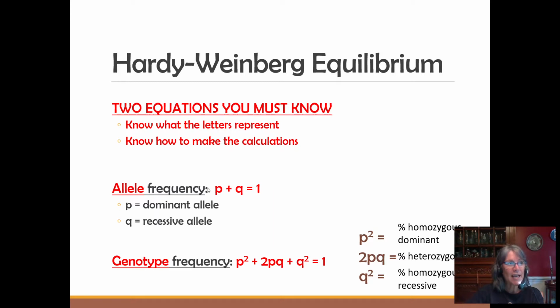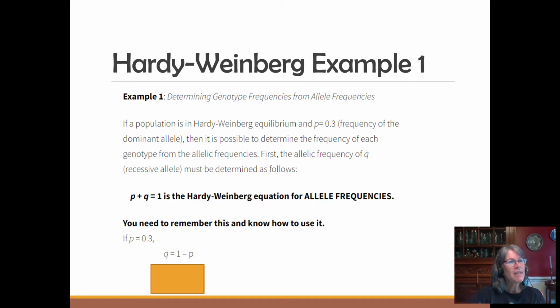For allele frequency, I'm going to add up all of my alleles, so my denominator is the number of individuals times 2, because each individual has 2 alleles for a trait. So take a look at some examples of Hardy-Weinberg.